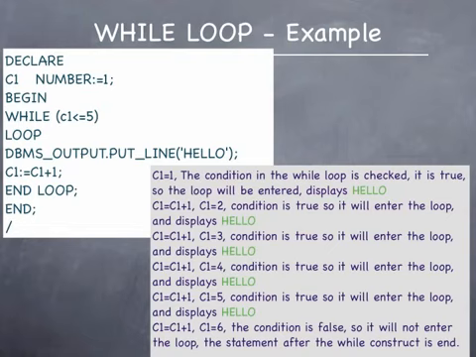So as long as that condition is true, the statements between the loop and end loop will be performed. The statements between the loop and end loop are a DBMS output line statement displaying the word hello on the screen, followed by a statement which increments the value of the counter, which is C1 equals C1 plus 1. The program then ends with the word end.